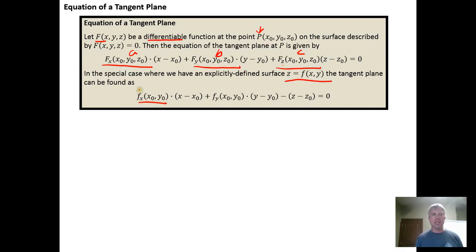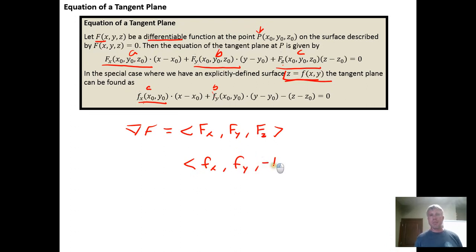You just need to calculate little f sub x, the partial derivative of little f with respect to x at x naught, y naught for your A. Your B is going to be the partial derivative with respect to y, and then -1, because we identified that if we had an explicitly defined function, then the gradient, which usually looks like the derivative of big F with respect to x, with respect to y, with respect to z, simplifies in the explicit case to just calculating the derivative of little f with respect to x, the derivative of little f with respect to y, and we got a -1 in the previous video. So the calculation can simplify.